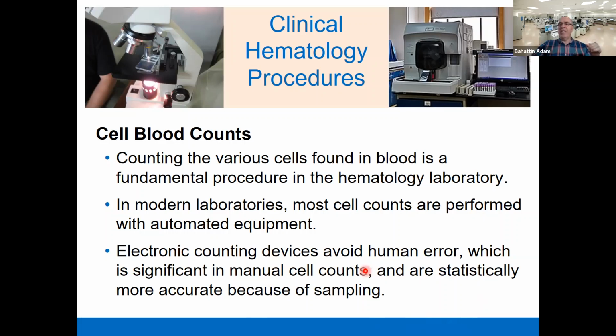They always take the same amount of sample, maybe at the microliter level, and then they count the cells precisely and accurately.